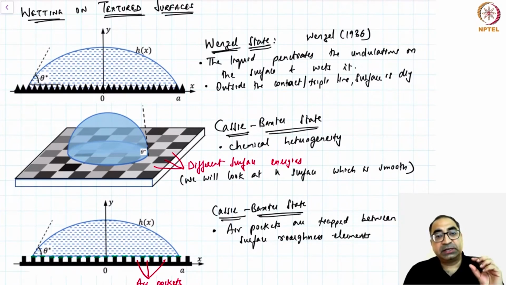Another possibility is that the roughness elements are not so simple as we've seen here, but they could be hierarchical structures, and so on. So the area of wetting on rough surfaces is an active area of research, and therefore any list that I make will certainly fall short of our current understanding of the problem.